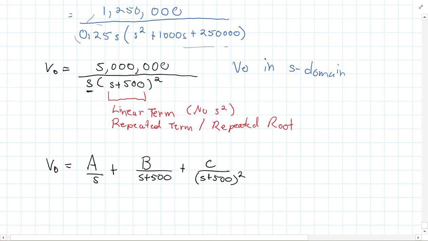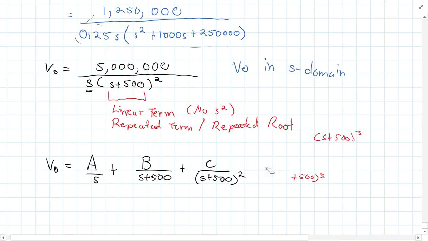Now, just as a side note, if we had S plus 500 cubed, you would have another term plus D over S plus 500 cubed. You would still have this 500 squared, and then you'd have the 500 cubed, so any time you have a repeated root, you're just going to have more and more terms added.